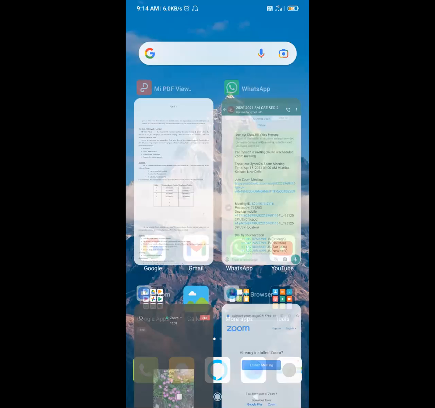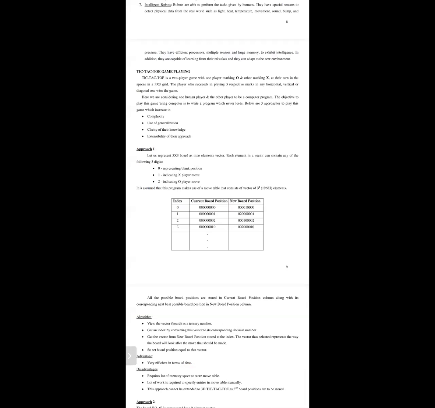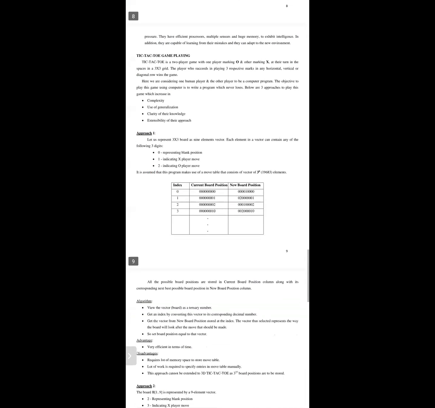Let me share the screen. So this is a tic-tac-toe board.